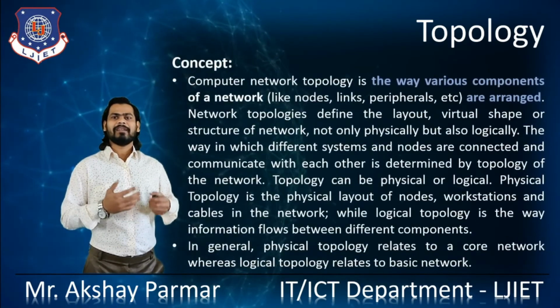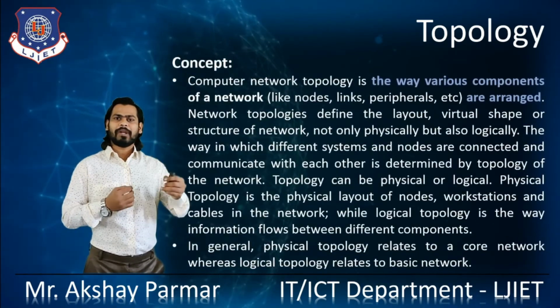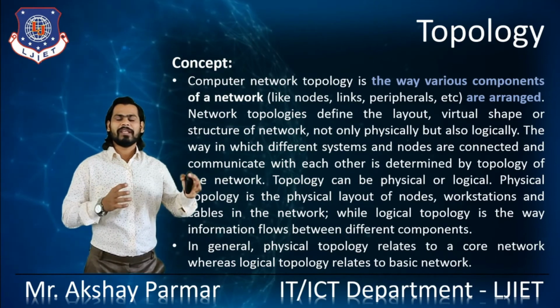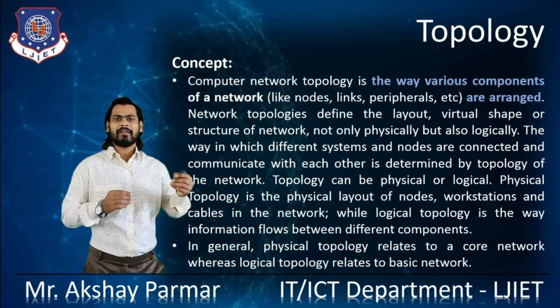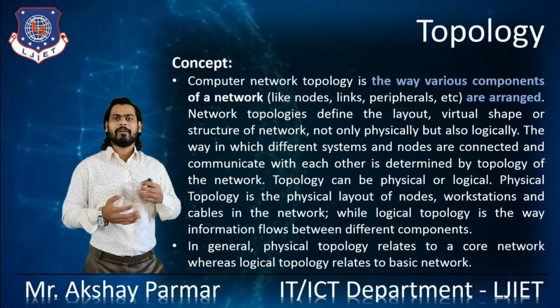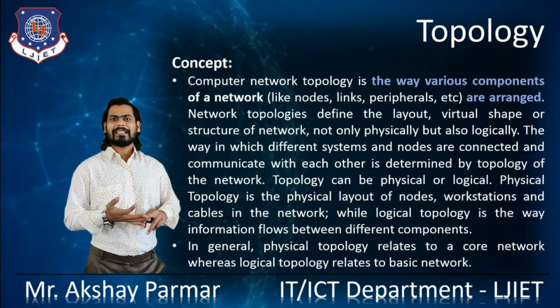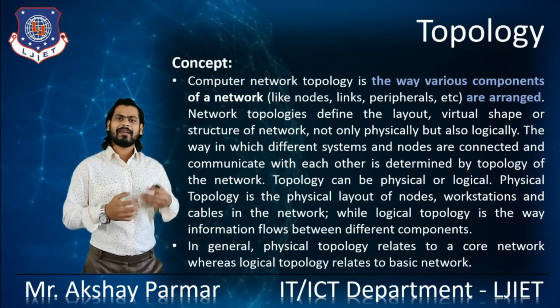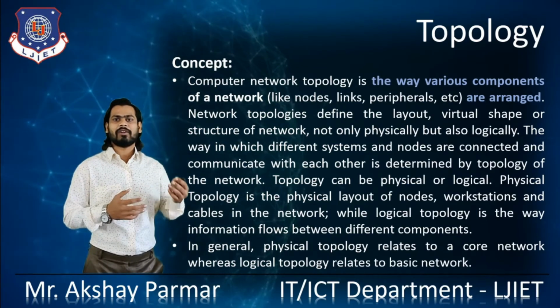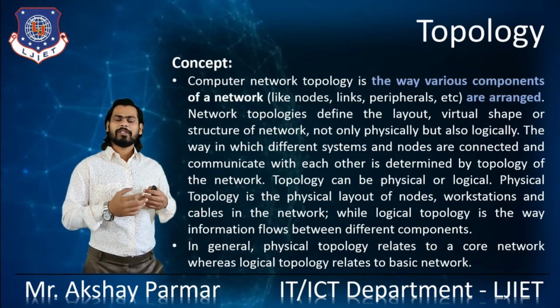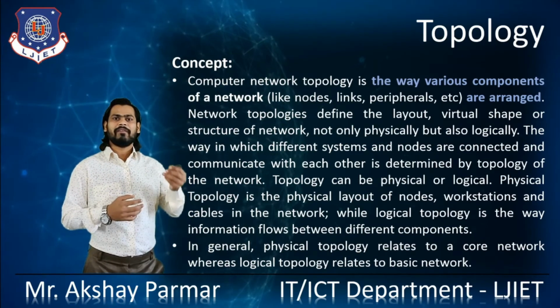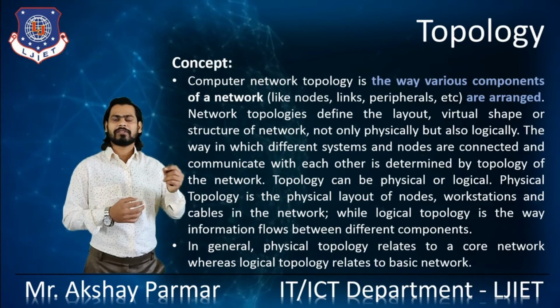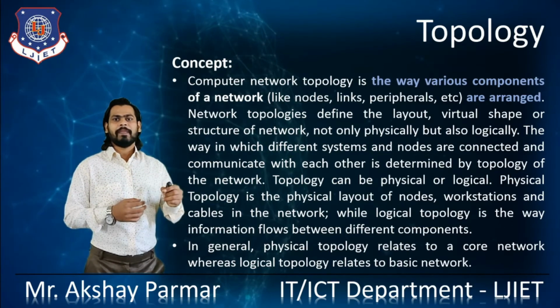The concept behind the network topology. The computer network topology is the way the various components of the network are arranged, like the network components such as the nodes, links, and peripheral devices. The way they are connected is called the network topology. Network topology defines the layout, the virtual shape or the structure of the network, right?